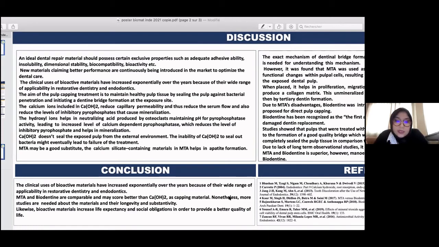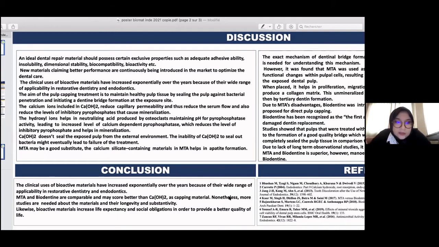The hydroxyl ions help in neutralizing acid produced by osteoclasts, maintaining pH for pyrophosphatase activity, leading to increased level of calcium dependent pyrophosphatase, which reduces the level of inhibitory pyrophosphate and helps in mineralization.